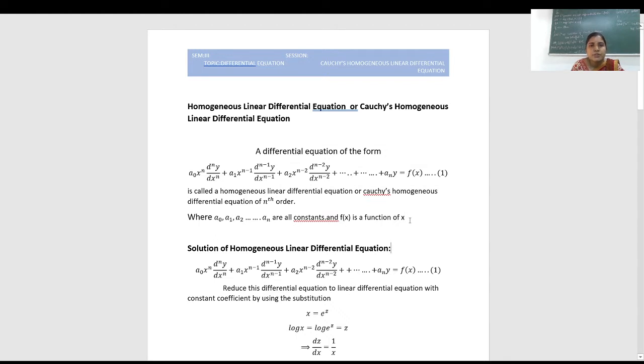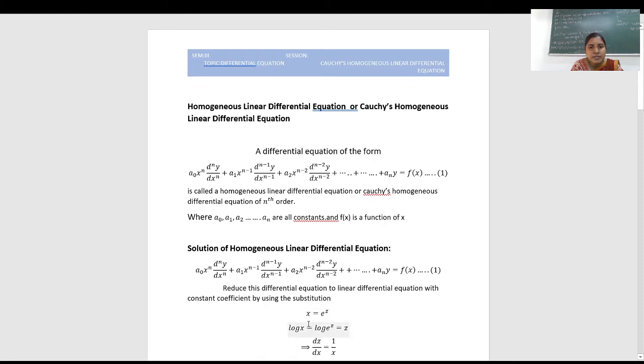Next, the solution of a homogeneous linear differential equation. Consider the homogeneous linear differential equation as equation number 1. Reduce this differential equation to a linear differential equation with constant coefficients using the substitution x = e^z.